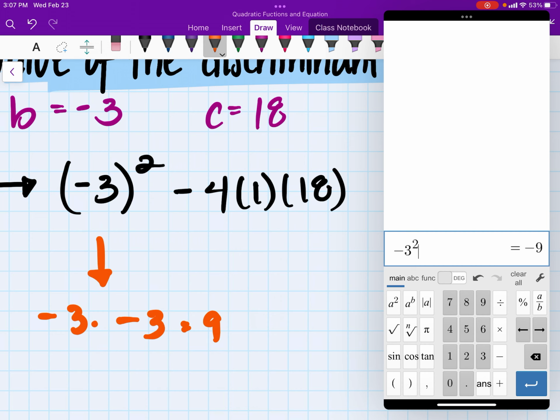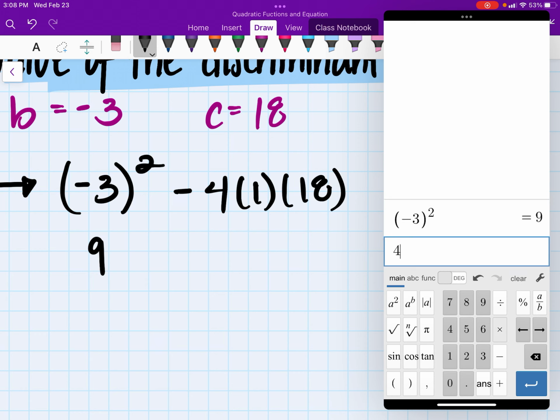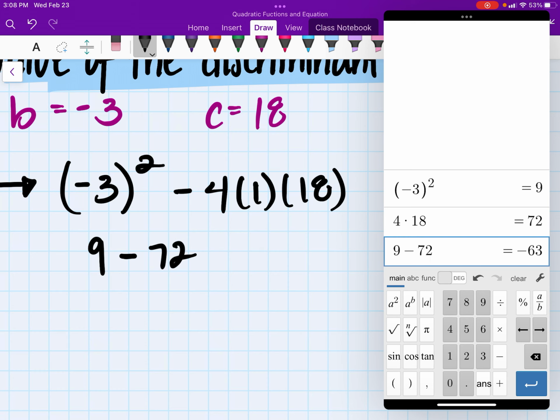We actually get a -9 there. So we need to make sure that we include our parentheses so that it includes the negative value. So in this case, that's going to be a 9. And then 4 times 18 is going to be 72. So that's -72. So I have 9 minus 72, and that's going to give us a -63.